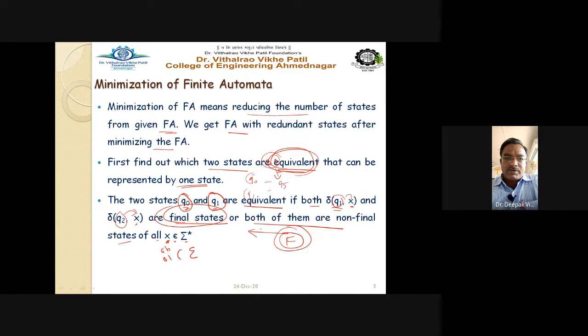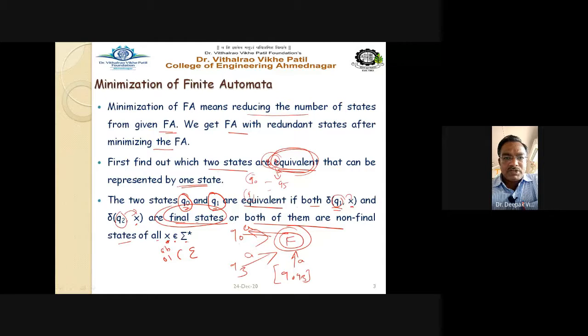Starting from the final state, find out which two states are coming to that particular final state. Say for example, Q0 and Q3. These two states on input A lead to the final state, right? So the input is the same, the states are different, and the next state is the same, that is, the final state. So instead of having these two states, I can combine Q0, Q3, and on a single input they can go to the final state.